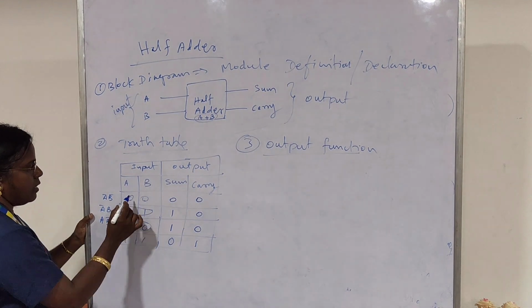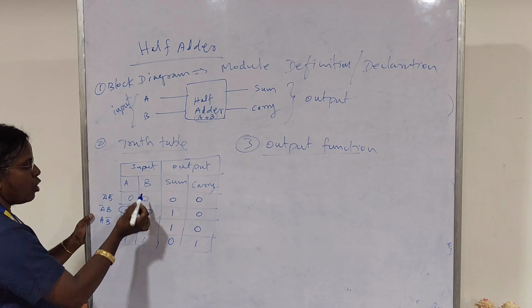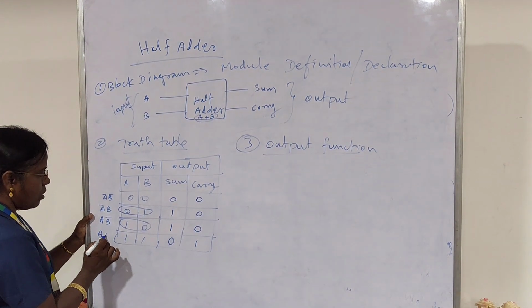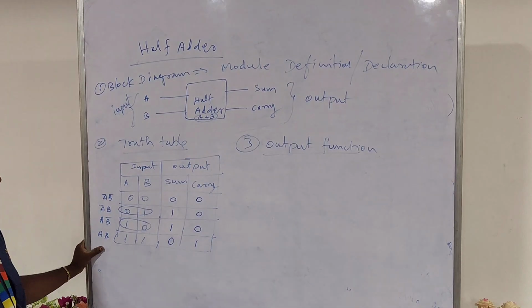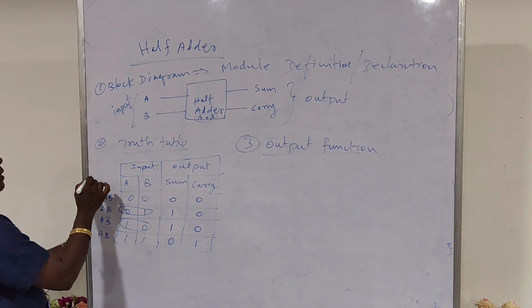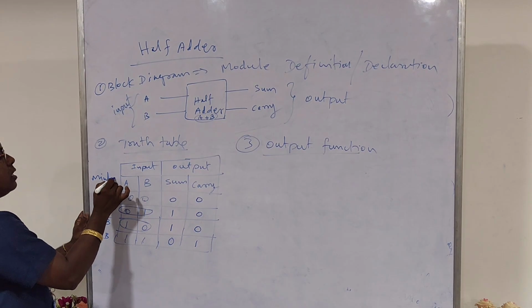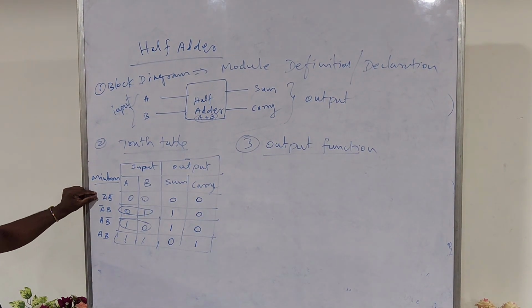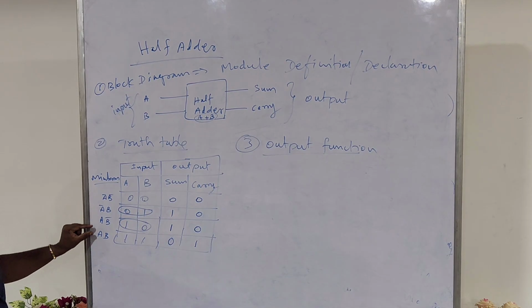And when A is 1, B is 1, both appear in the normal or true form, so you write the variable format as AB. These are called minterms of the two variable function. So A bar B bar, A bar B, A B bar, A B.